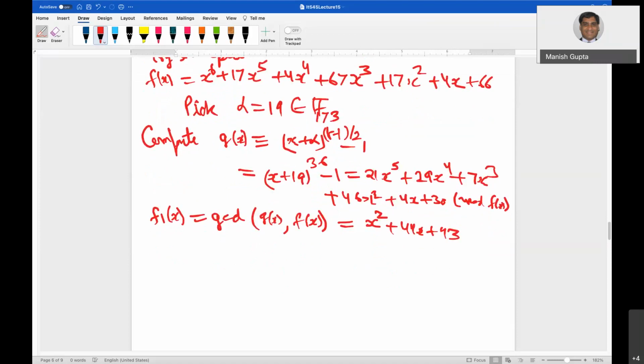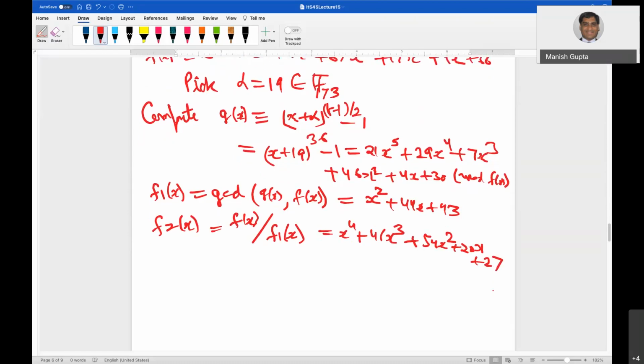So the second factor f2 of x, which is the cofactor, will be fx divided by f1 of x. One factor we got, we divided it out, and that turns out to be x raised to power 4 plus 46x cube plus 54x square plus 20x plus 27.